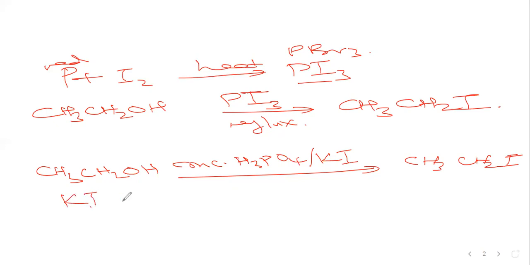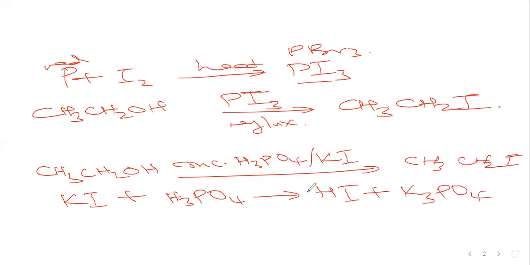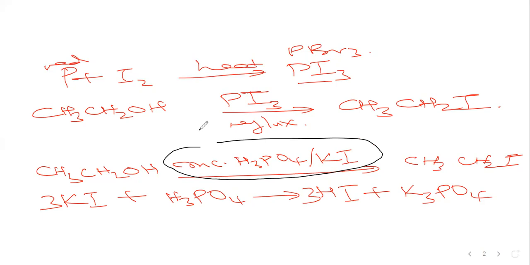You have the potassium iodide reacting with phosphoric acid to give you hydrogen iodide, which we want, and potassium phosphate. The reaction is balanced by 3 here on the potassium iodide, and a 3 here balances the iodine. So this reaction mixture here is intended to prepare for us the concentrated solution of hydroiodic acid, which now comes and reacts with the ethanol, to form the alkyl iodide.